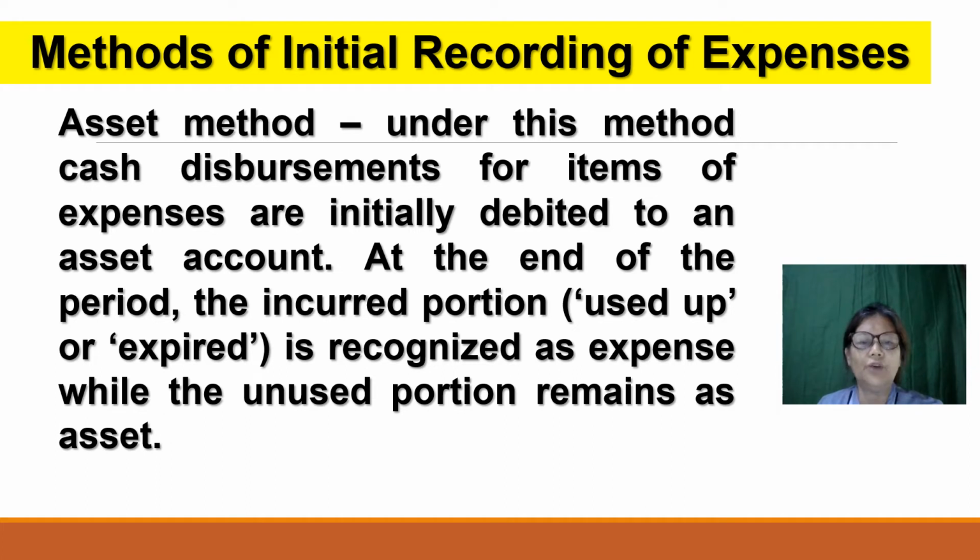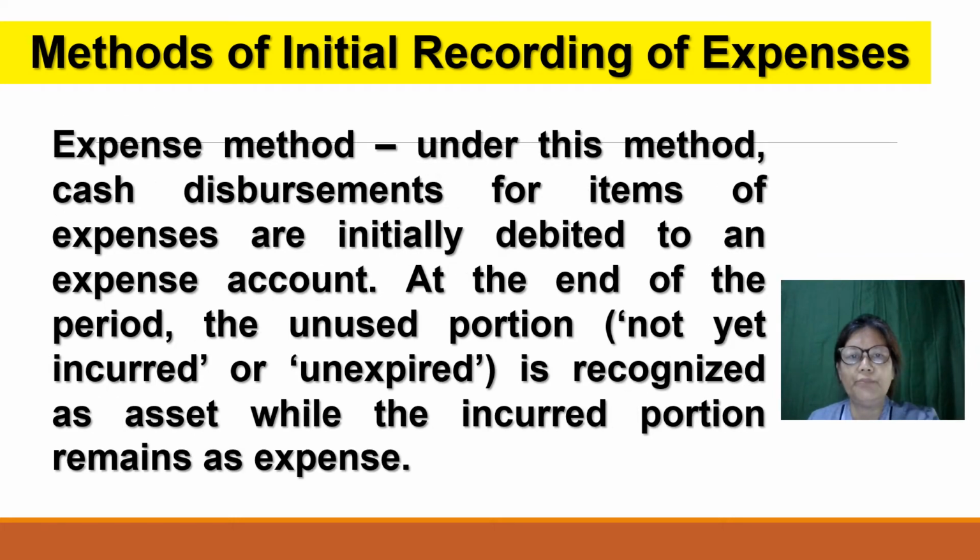At the end of the period, the incurred portion or used up or expired is recognized as expense, while the unused portion remains as asset. Will you please read silently?